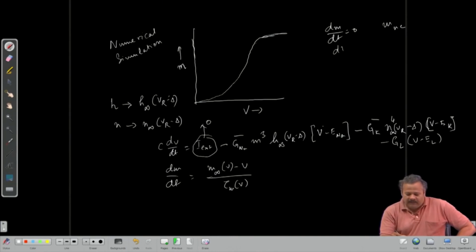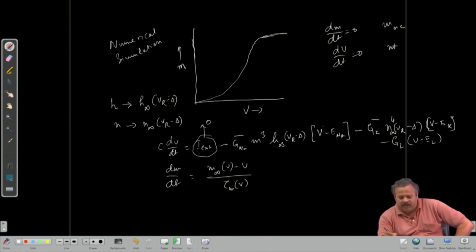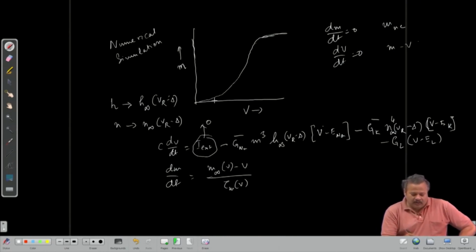Similarly, we can have the dV/dt equals 0 nullcline set out as m as a function of V, which we had earlier shown to look somewhat like this, where we have three particular nodes here.